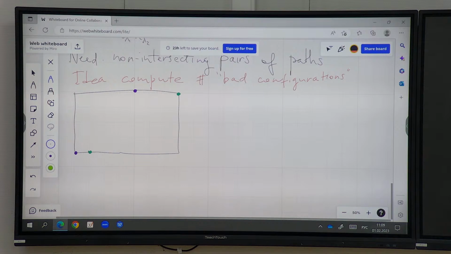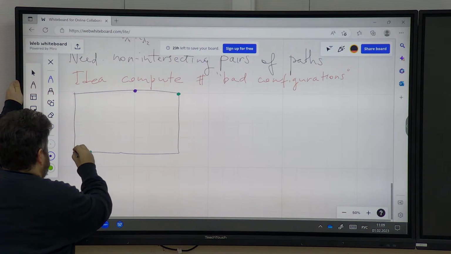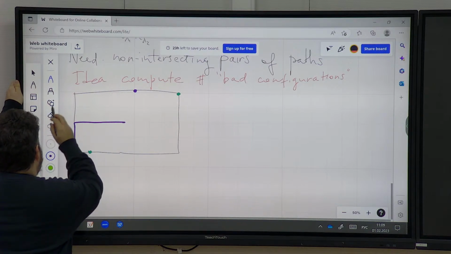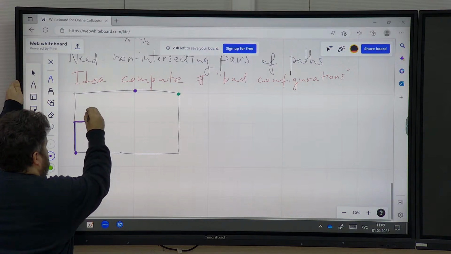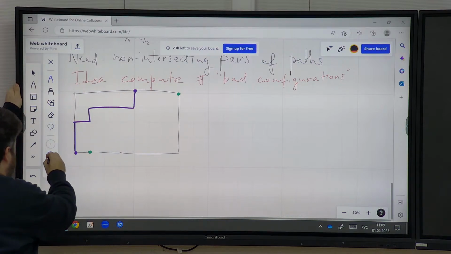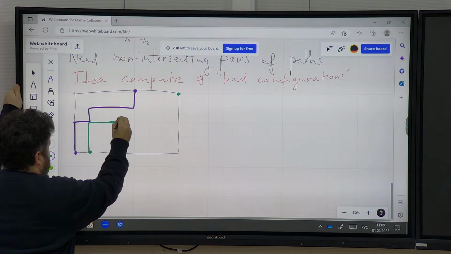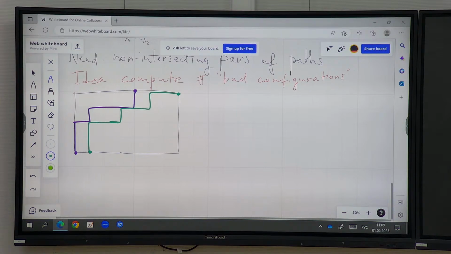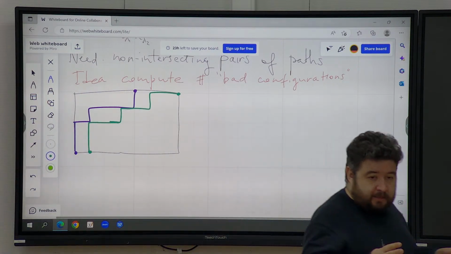The thing is, let me draw some bad configuration. And let me put this path something like that. This configuration is bad in the sense that the corresponding Young tableau, in quotes, is not a Young tableau.